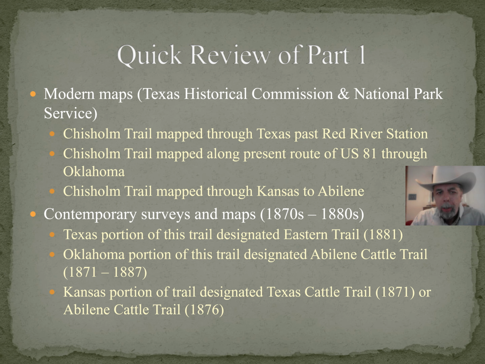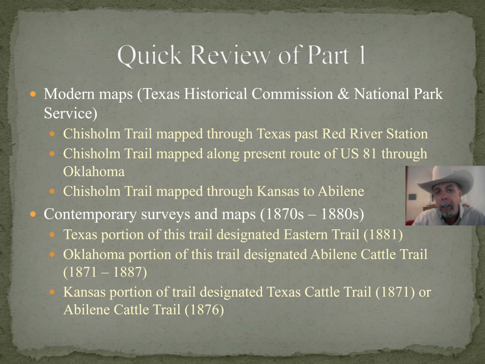In part 1, we saw that modern maps, maps from the Texas Historical Commission and the National Park Service, show the Chisholm Trail mapped from an origin point of San Antonio through Texas, past Red River Station, along and east of the 98th meridian, along the route of US Highway 81 through Oklahoma, and then on to Abilene, Kansas.